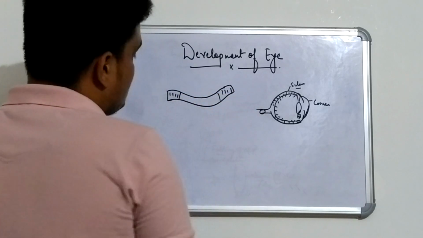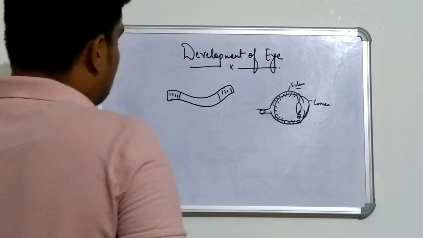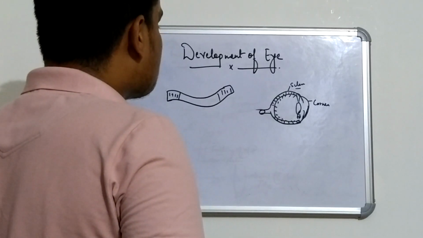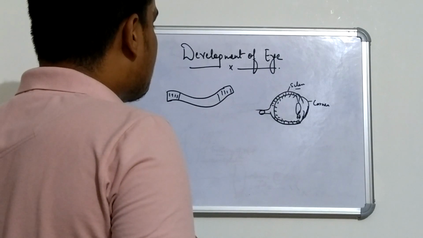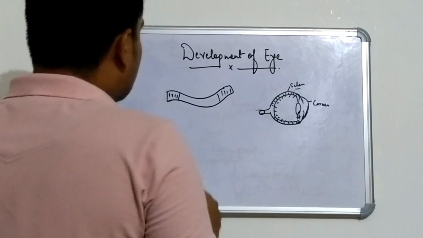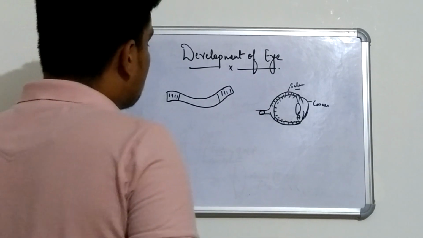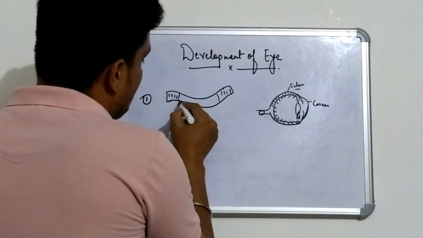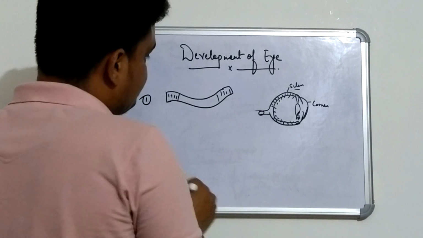Okay. So first of all, during the embryological period, or you can say during the gestation period, when there is a formation of an eyeball, the first and foremost thing, the first stage, is the formation of a neural plate.